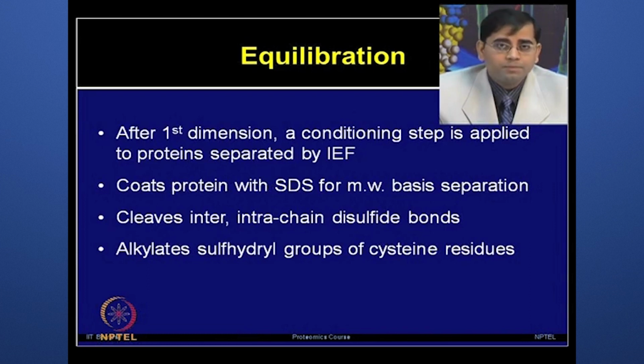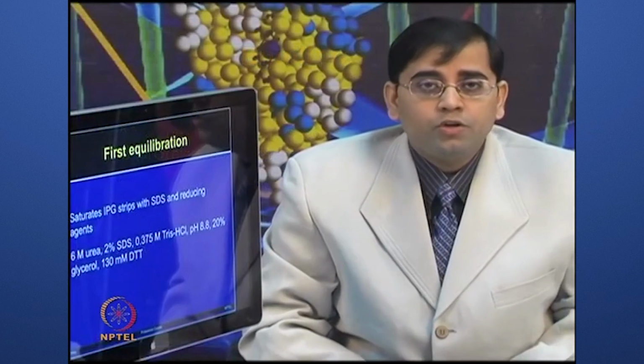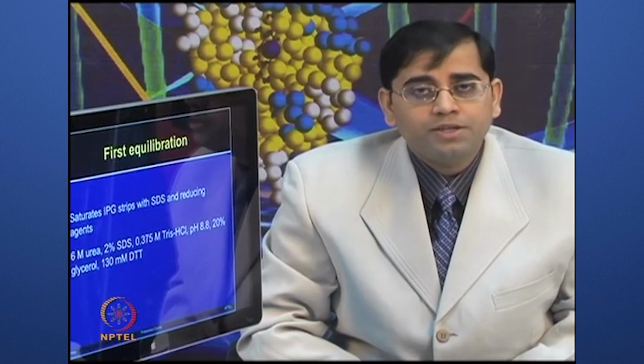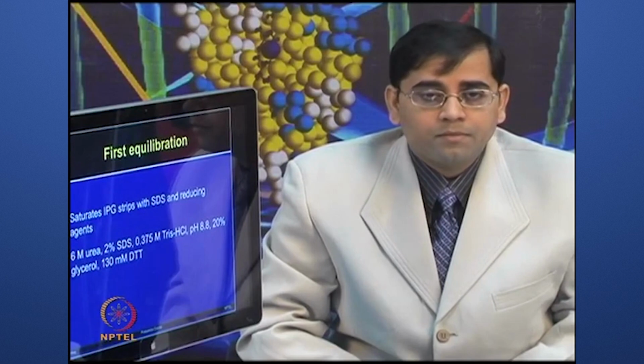The equilibration step cleaves both inter and intra chain disulfide bonds, and it alkylates the sulfhydryl groups of the cysteine residues. There are two equilibration steps required for this preparative step: the first equilibration step and the second equilibration step.